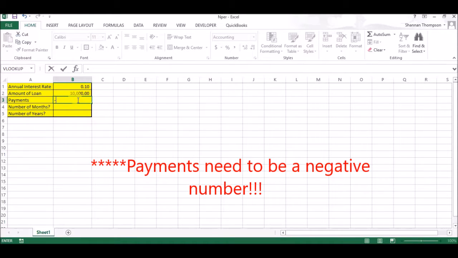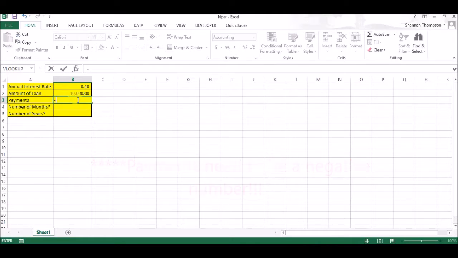In Excel, the payments is saying that these are payments coming out. So just think of it as payments are coming out of your pocket, or you paid for something, you're paying for something, right? So it's going to be a negative number, 100, and make sure to keep the present value or the amount of the loan a positive number, otherwise it's not going to work.